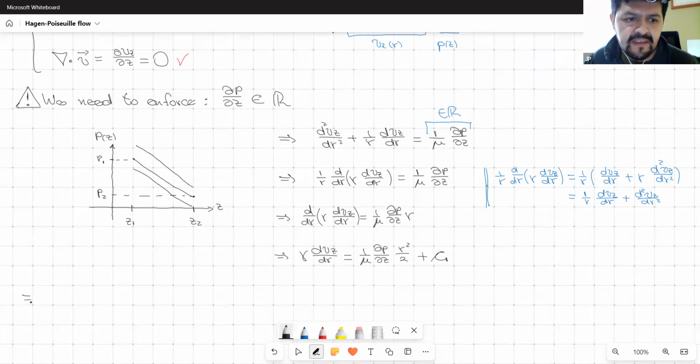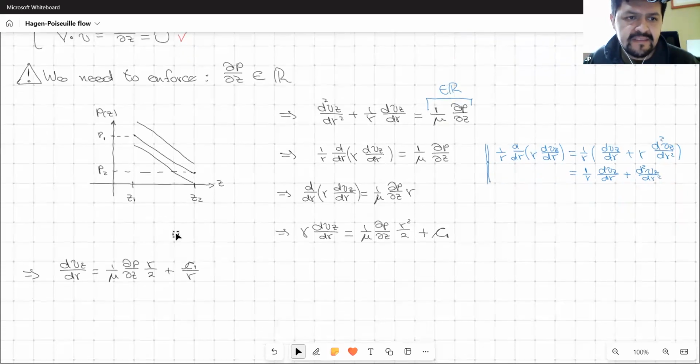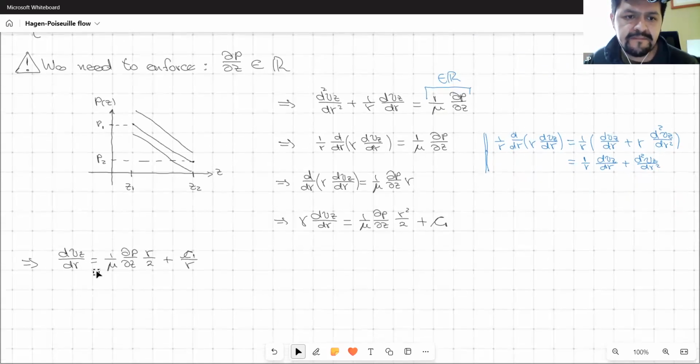If we divide this by the radius again, the derivative of V_z with respect to the radius is 1 over mu, the same term, but now instead of r squared it is r over 2, plus C1 over r.